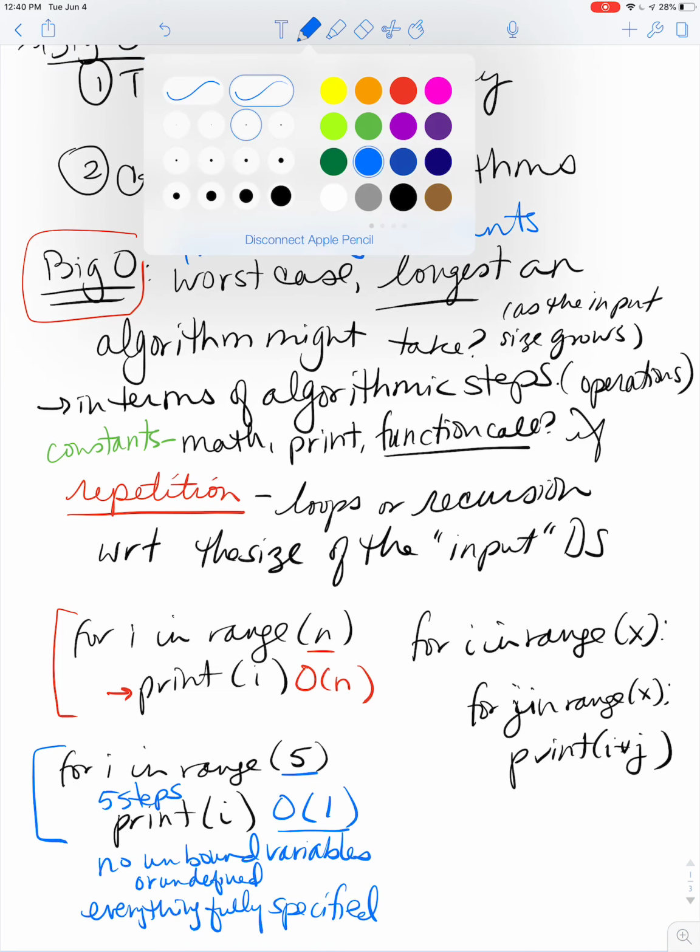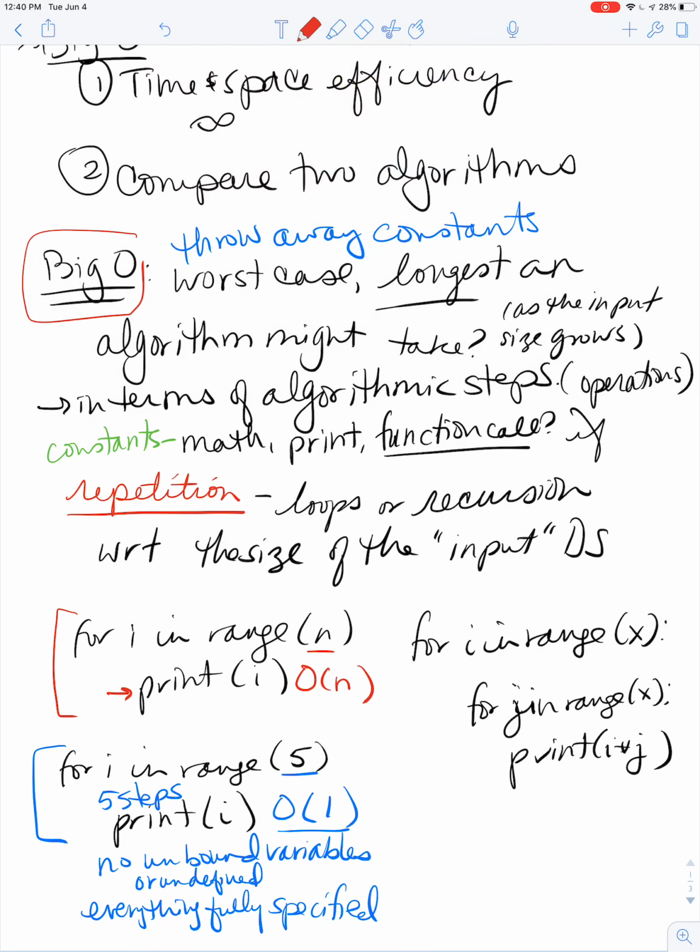Let's go back up to our previous example, for i in range of n. I can't tell you how many times this will execute, or how many times this loop will repeat. Since I don't know how many times this loop will repeat, I'm big O of whatever is repeating.